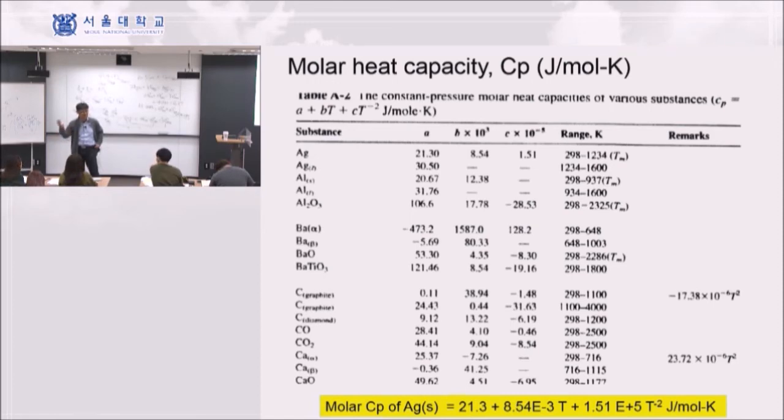Because sometimes we have to really calculate those values, so we can just extrapolate it out. And the others are all the same. And then Ag liquid is 1234 Kelvin to 1600 Kelvin. If you look at the second one, Ag liquid, heat capacity is only one term, yeah? A. There's no temperature dependence.